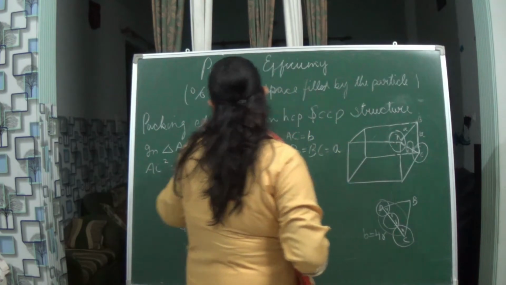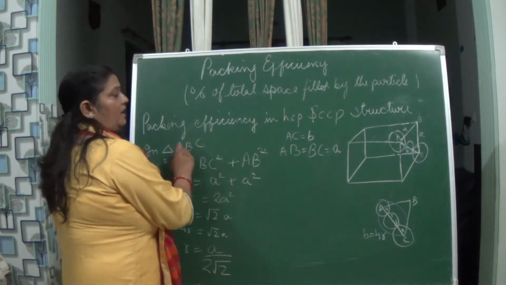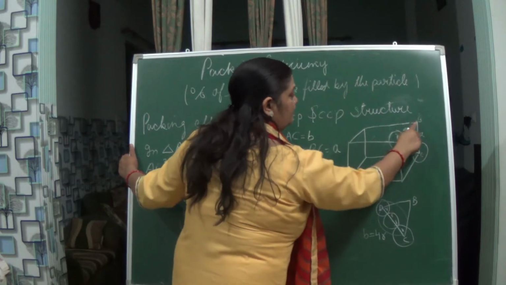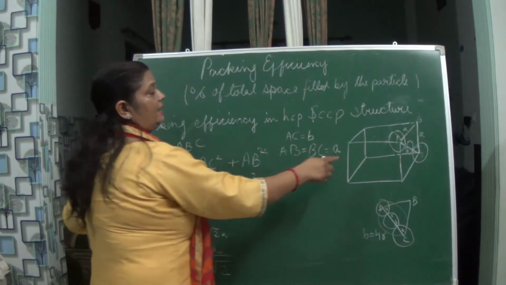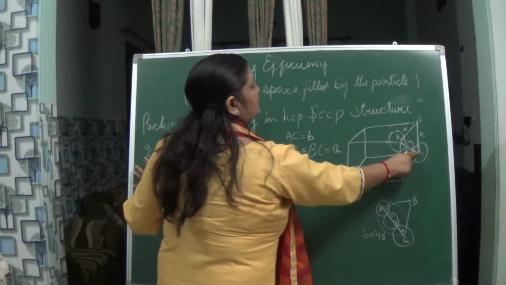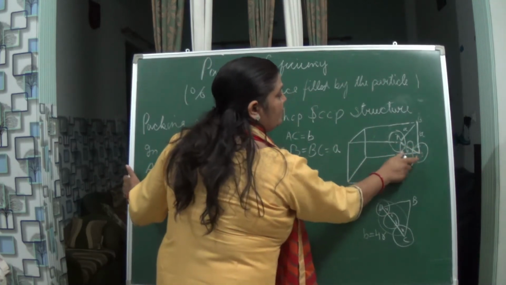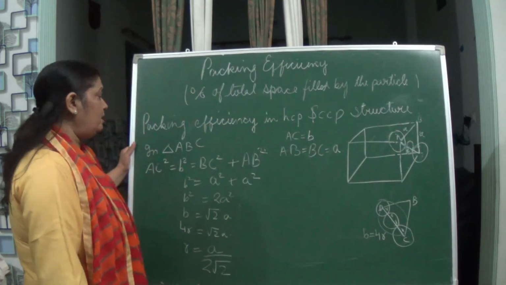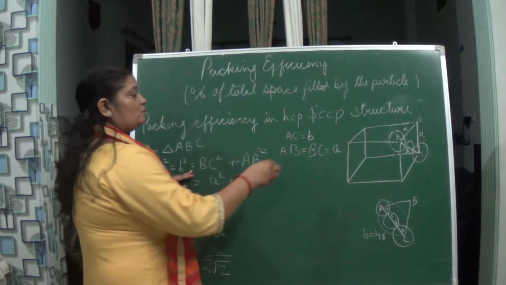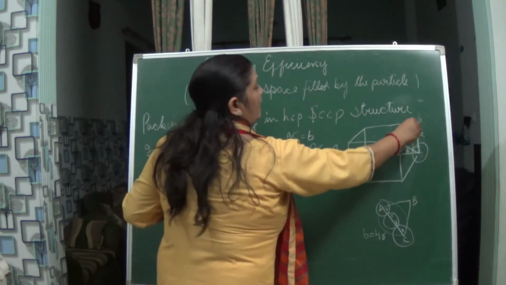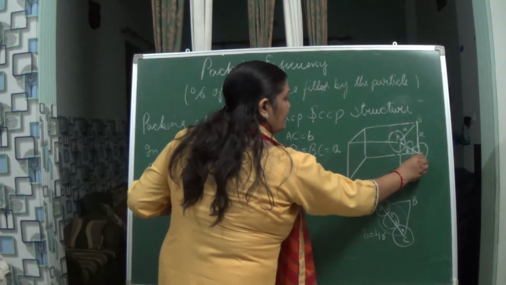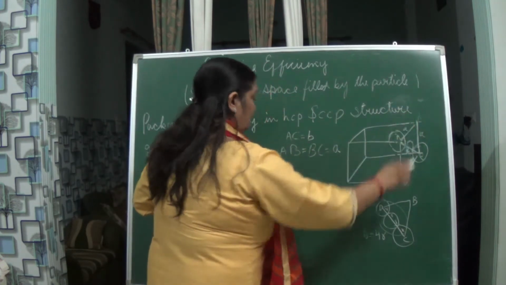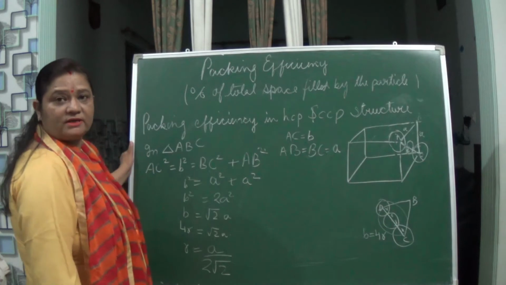So here in this triangle A, B and C, AC square is equal to... I said this is B. AC square is equal to B square, and this B square is equal to BC square plus AB square, according to the Pythagoras theorem.